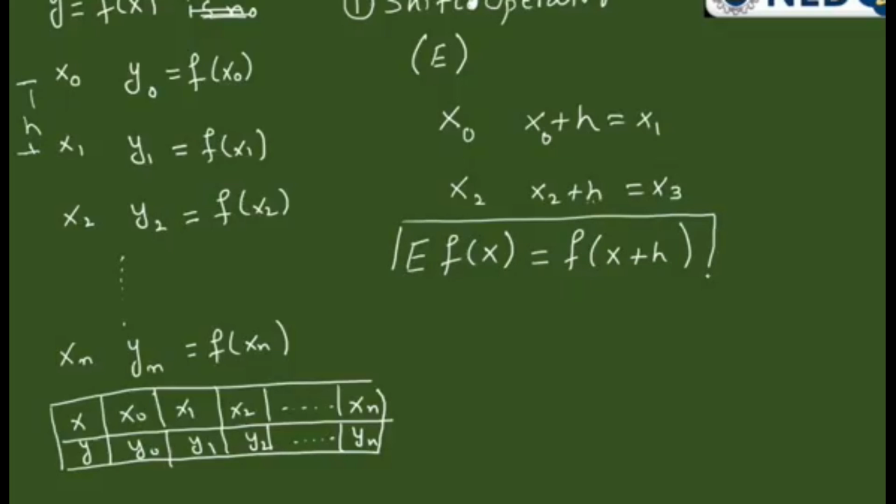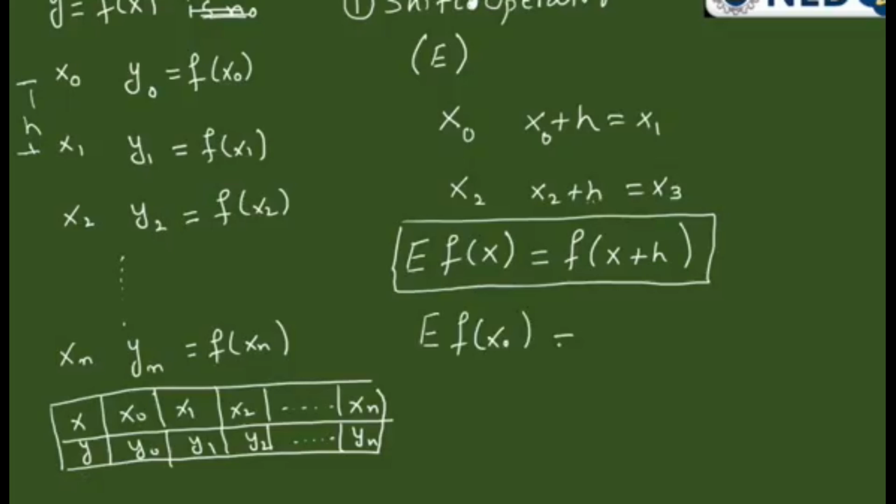So for example, this is written in the form of a function. I can write it in a compact notation as well. For example, I want to apply this shift operator on x naught. So I can write it like E applied at x naught.